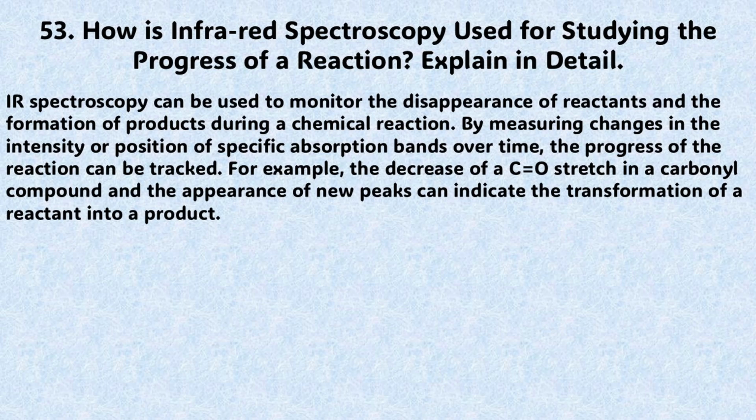By measuring changes in the intensity or position of specific absorption bands over time, the progress of the reaction can be tracked. For example, the decrease of a C=O stretch in a carbonyl compound and the appearance of new peaks can indicate the transformation of a reactant into a product.